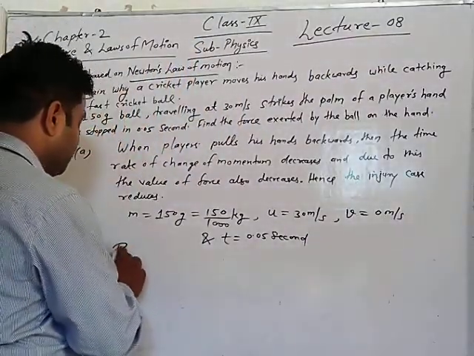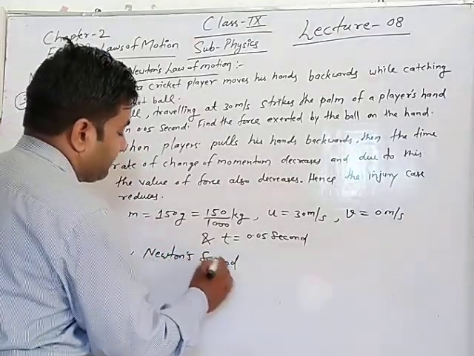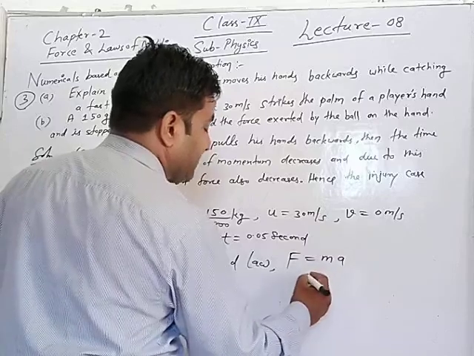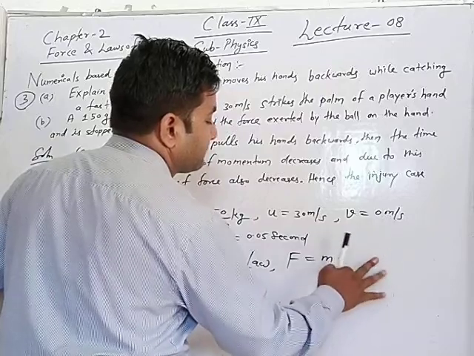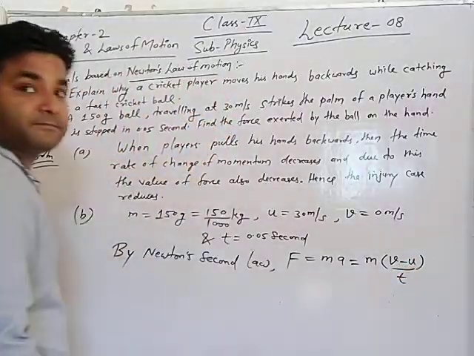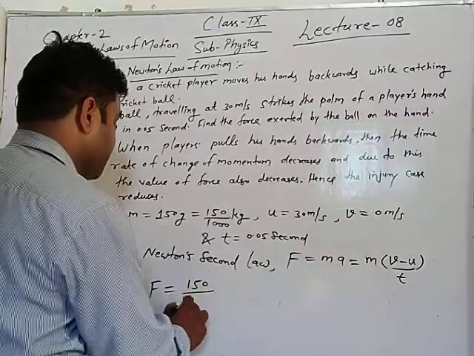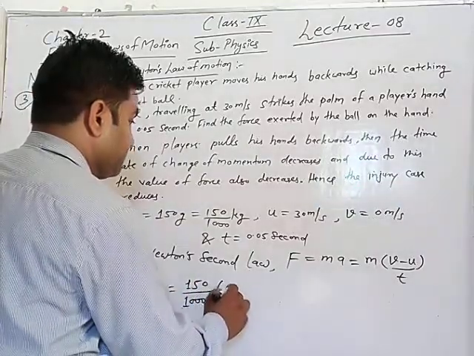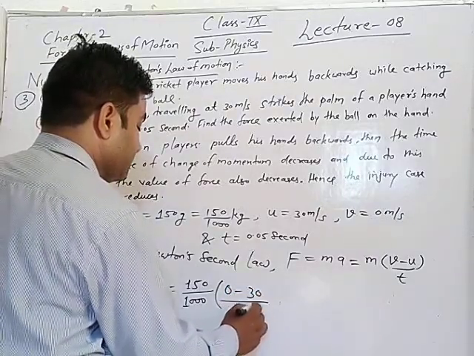So by Newton's second law, F is equal to ma, and a means (V minus U) upon T, so F is equal to m (V minus U) upon T. Just see, m is 150 upon 1000, and in bracket v is 0 and u is 30, and time here is 0.05.